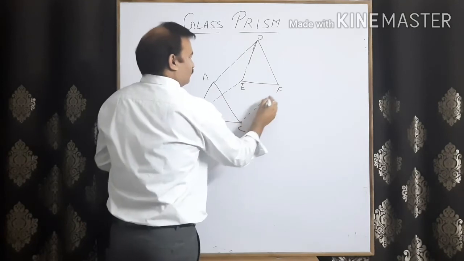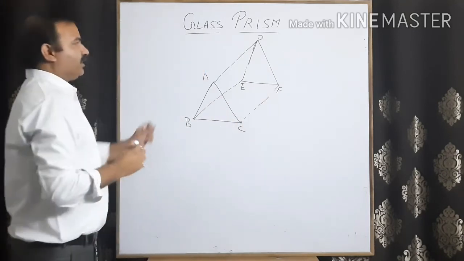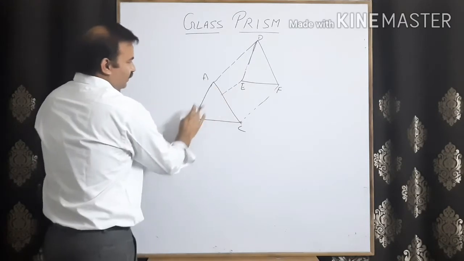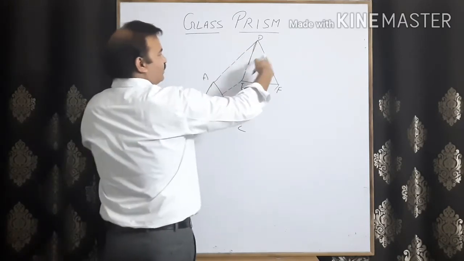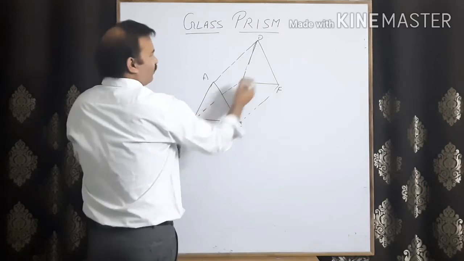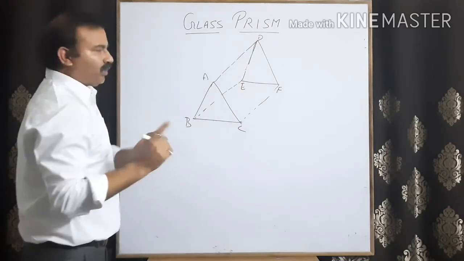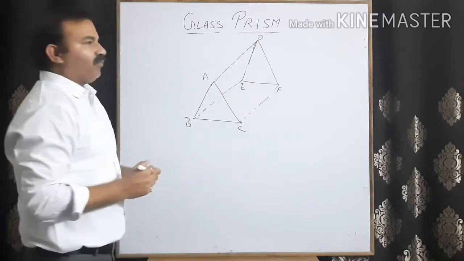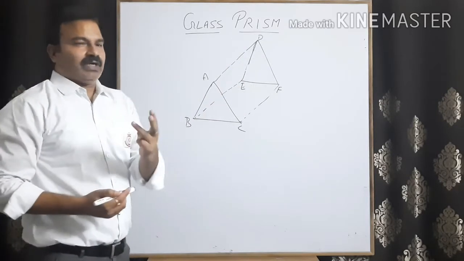Now this will be the front view basically. This ABC is the front view, and this DEF is the back view, having two triangular faces ABC and DEF with three rectangular faces.